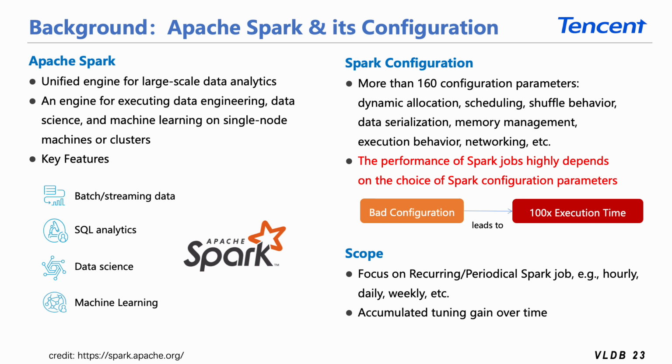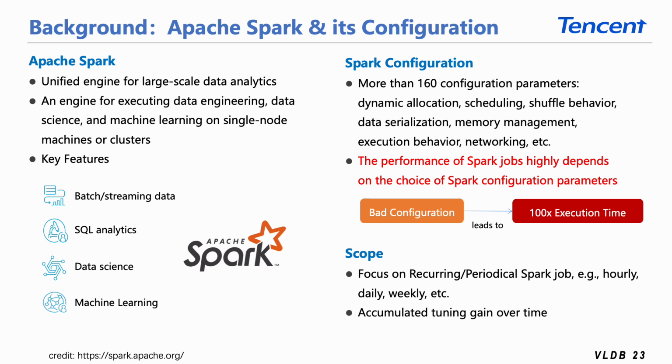Apache Spark is a unified engine for large-scale data analytics, which executes data engineering, data science, and machine learning on single-node machines or clusters. A Spark application is controlled by up to 116 configuration parameters, which determine many aspects, including dynamic allocation, scheduling, shuffle behavior, etc. The performance of Spark jobs highly depends on the choice of Spark configuration parameters.